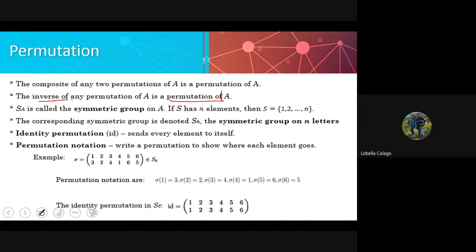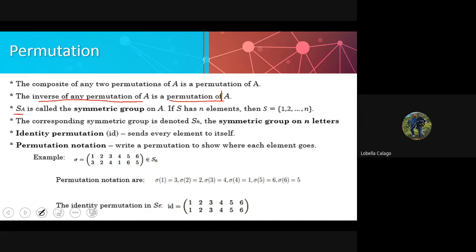Yung the inverse of any permutation of A, permutation of A din siya. So, mga ganun po yung mga definition. Kasi, permutations, diba, we all know that permutations is the rearrangement lang ng kanyang elements. Basta, yung lahat ng elements ay part siya ng A na yan.